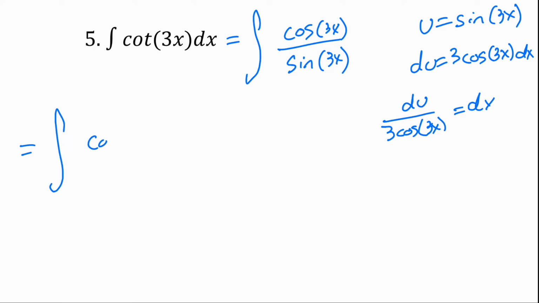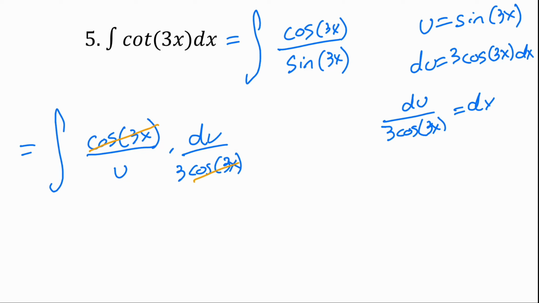We end up with the cosine of 3x over sine of 3x, which is my u, times du over 3 times the cosine of 3x. And now we'll start to see something cancel. Just because it doesn't work the first time doesn't mean it won't work eventually. Sometimes it's just a little bit of that trial and error process.